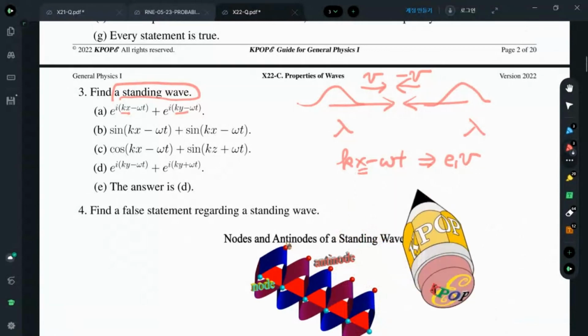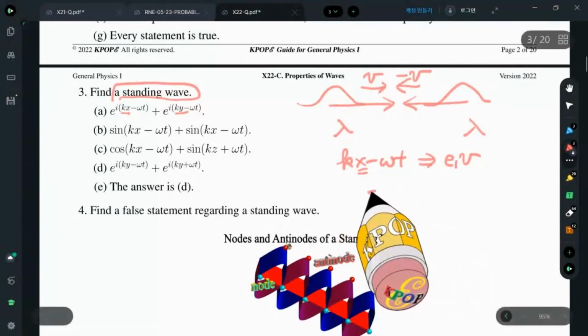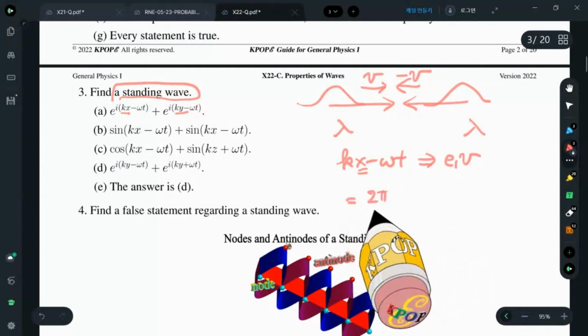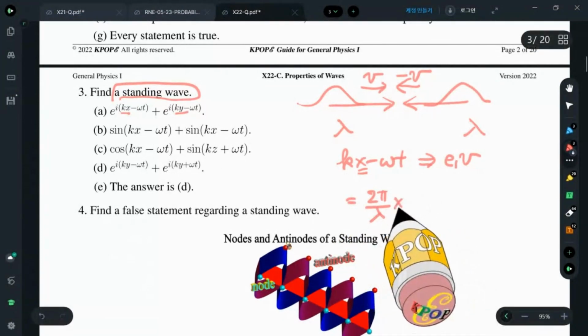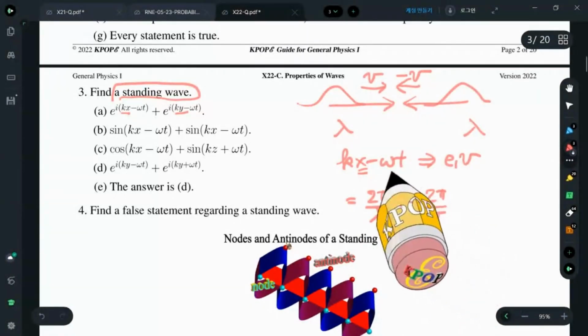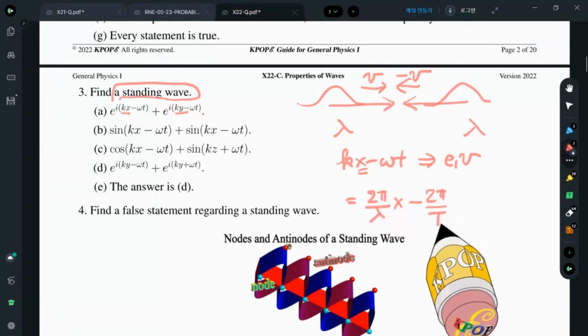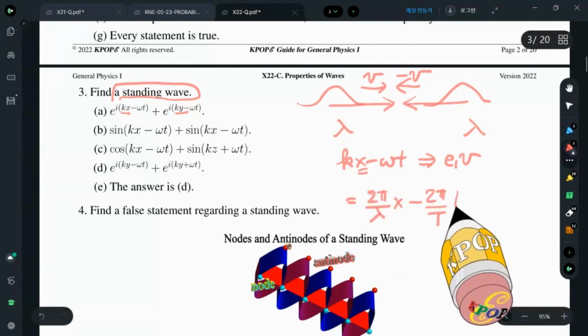And what is the velocity? Omega is 2 pi over the period. k is 2 pi over lambda.